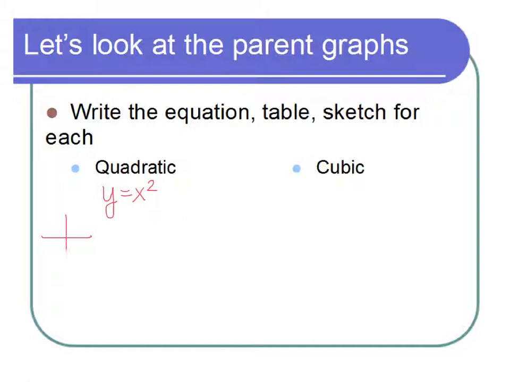If you look at a table, and it will be important that you remember what the table is for each one of these. If you plug a 1 in for x, you get 1 back. If you plug 2 in for x, 2 squared would be 4. Plug in a 3, 3 squared is 9.